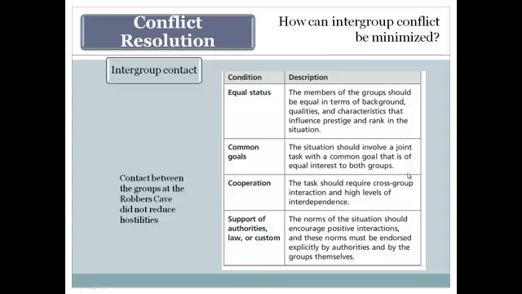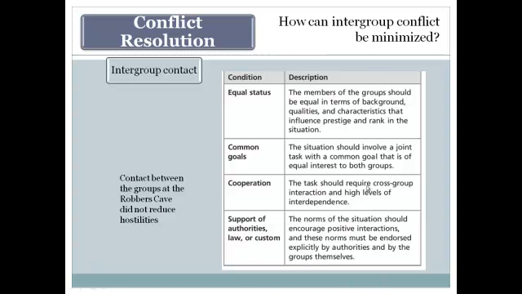If there is one group that has a higher status, higher power, then you're going to have a problem and there's not going to be any kind of resolution. So making sure that the members are equal, in background, qualities, and so on, such that there's not a sense of one dominating the other.